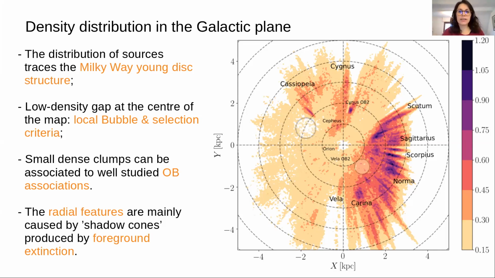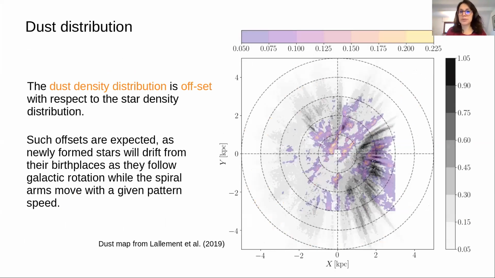We can compare this map, for example, to one of the dust maps that I've shown a few minutes ago. This is the same map as before, although now it is in grayscale. And the map shown with the yellow to purple to pink color map is the map produced by Lallement et al. in 2019. Here, I think the interesting thing of this plot is that the dust and the stars are offset with respect to each other.